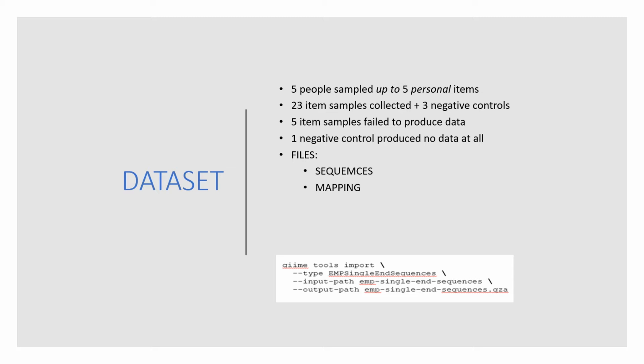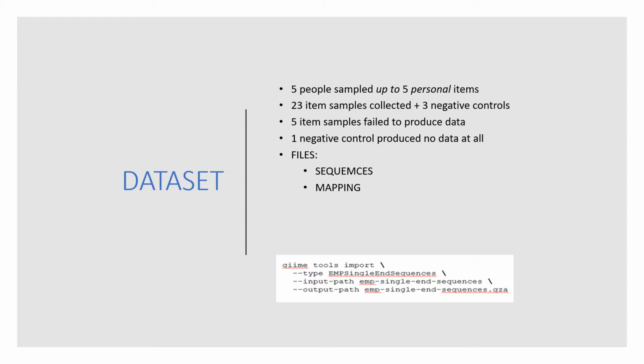While doing the process or collecting the samples, there must have been some problem, and there could be a number of reasons for it. Therefore 5 item samples failed to produce data, and we have one sample also for the negative control. Basically, in our dataset there are two most important files. One is the sequencing file, and the other one is the mapping file.